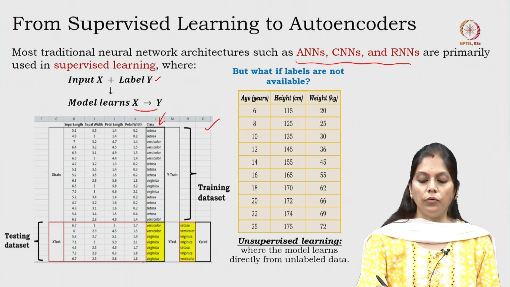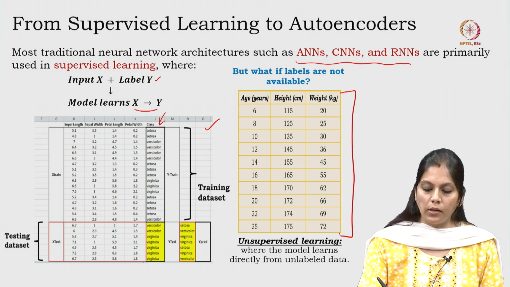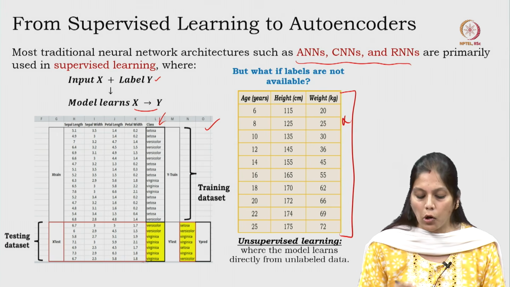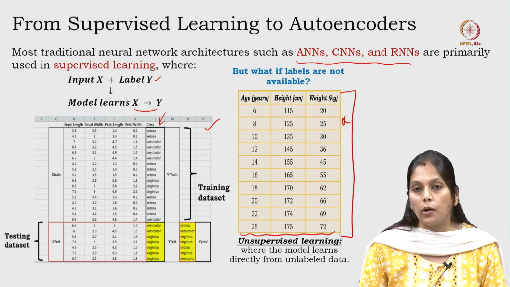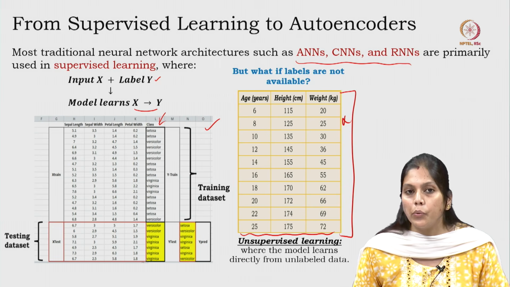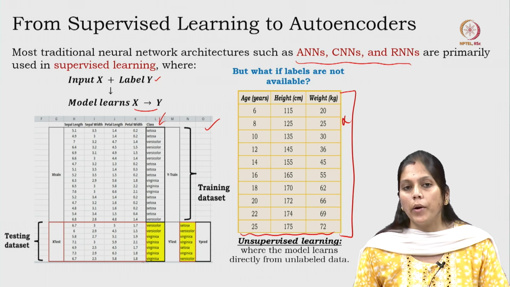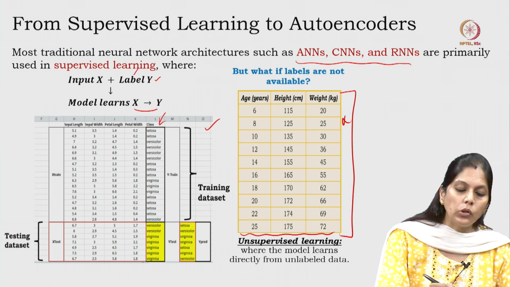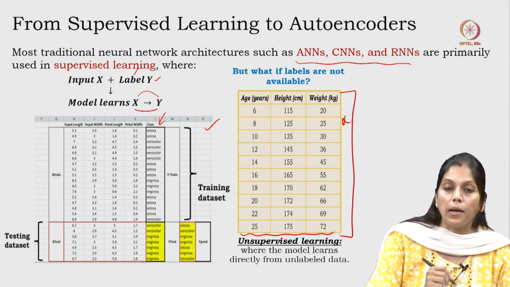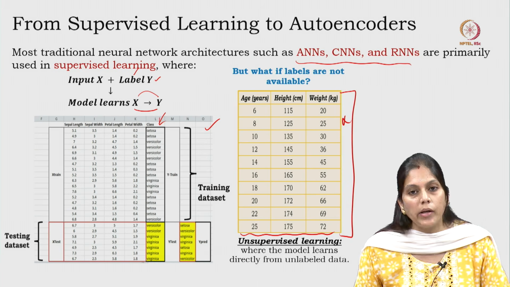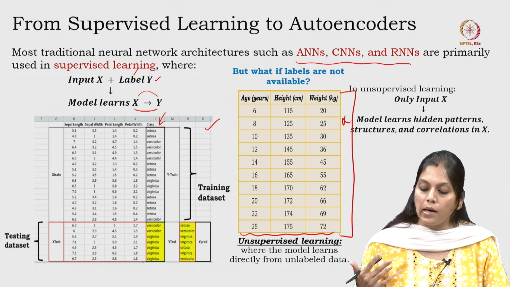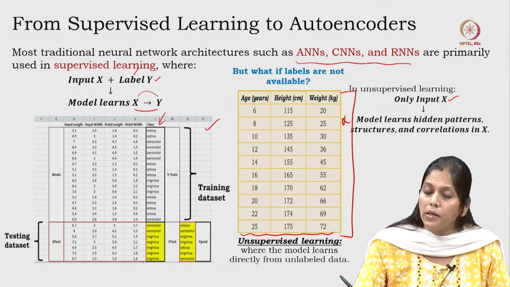We don't have any labels. So whatever the model is learning, it is learning directly from this particular data. So this is the difference between supervised and unsupervised. In supervised we have labels also, and mainly the model is aiming to learn this mapping. Whereas in unsupervised we don't have the labels. When we don't have the labels, the model is directly learning from this data.